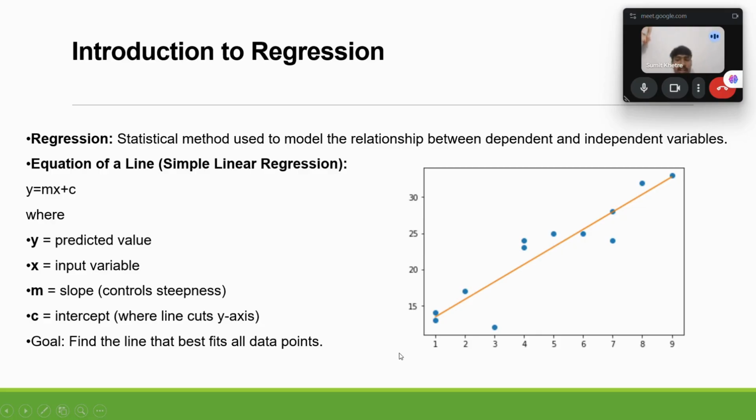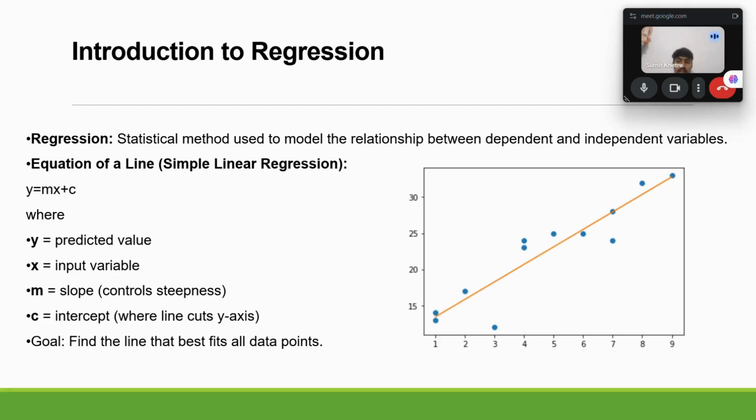Next, we will see what is meant by regression. Regression is a statistical method used to model the relationship between dependent and independent variables. Equation of a line means simple linear regression, that is y = mx + c. Many of you have seen this y = mx + c, simple linear regression, before also.